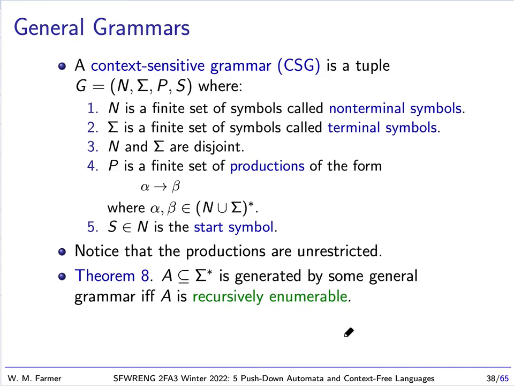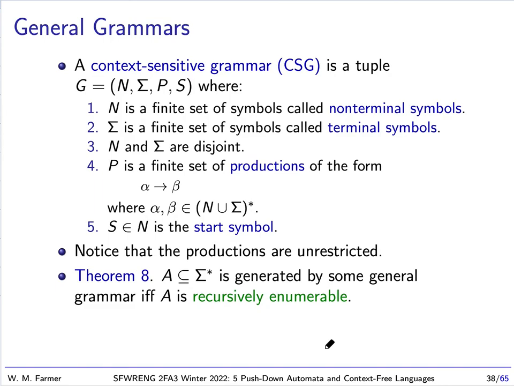Recursively enumerable means that we can write a computer program that will enumerate the language. That means we start running the program and it prints a member of the language, and then it will print another member, and another, and it will keep going, and every member of the language will eventually be printed. That's what recursively enumerable means.